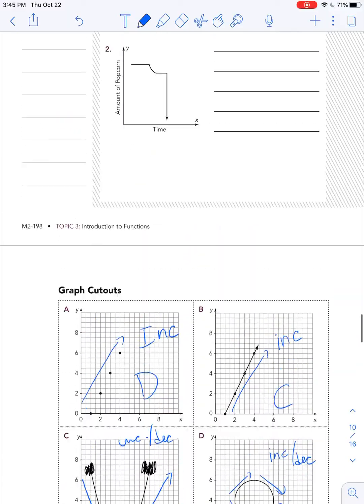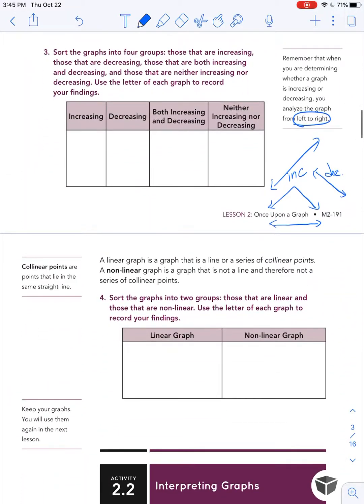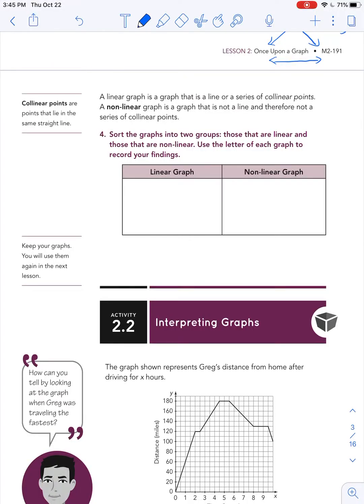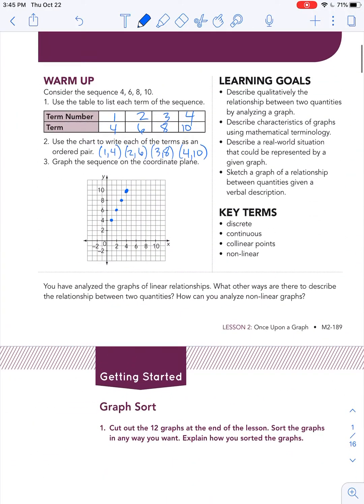Okay, so let's go back. I know, hopefully I won't have to do this too many more times. Sorry about that. Okay, a linear graph is a graph that is a line or a series of collinear points. What does that mean? Points that lie in the same straight line. So we're looking at this one right here.